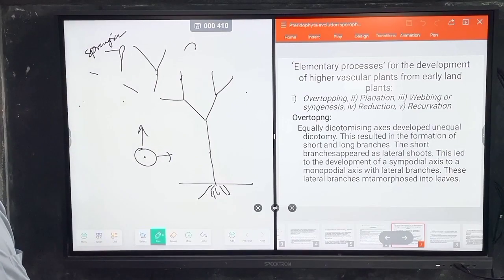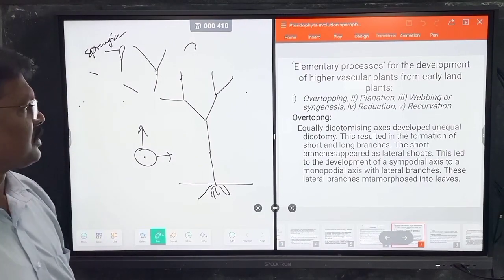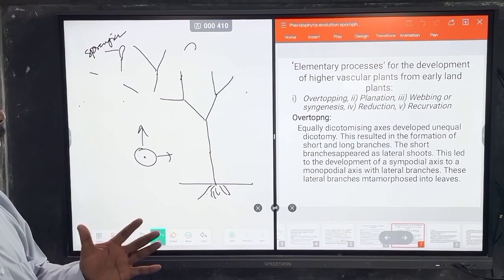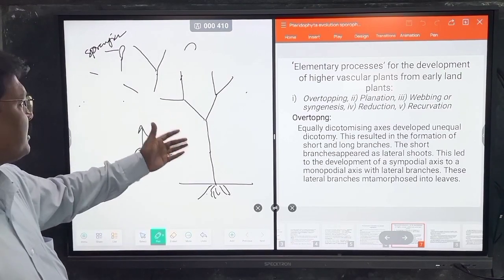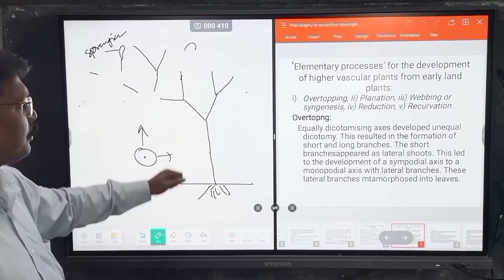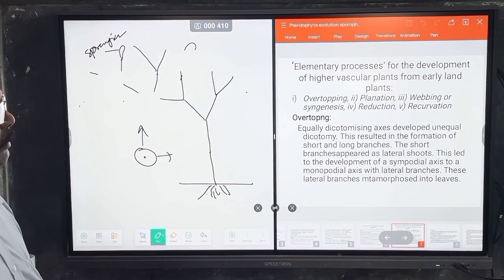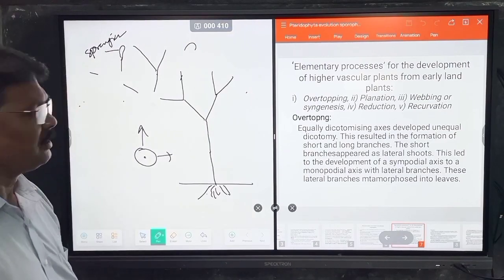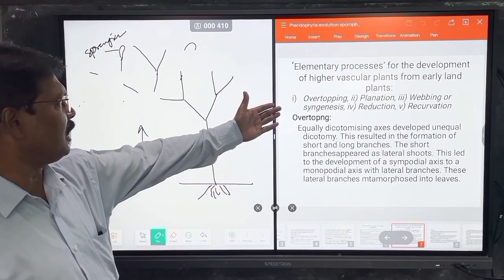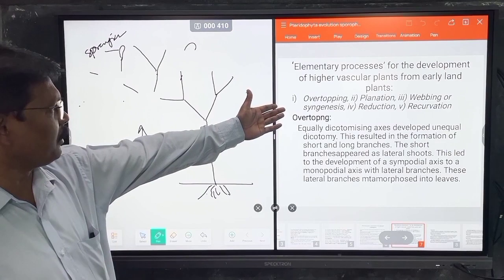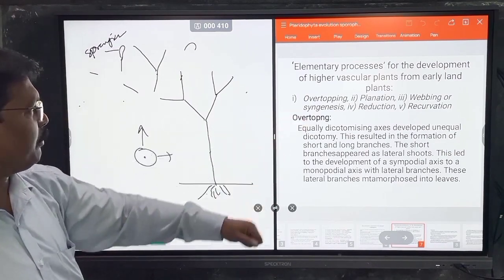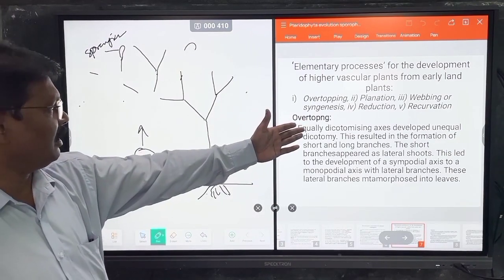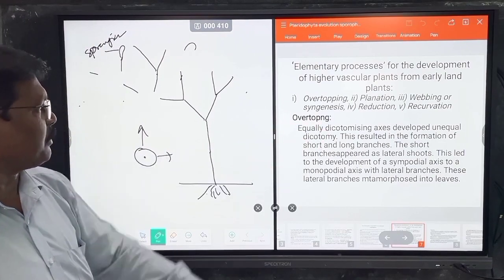So there are some elementary processes by which the present day sporophytic plants are developed or produced, and these are called the elementary processes. Elementary processes means these are overtopping, planation, webbing, syngenesis, reduction, and recurvation.